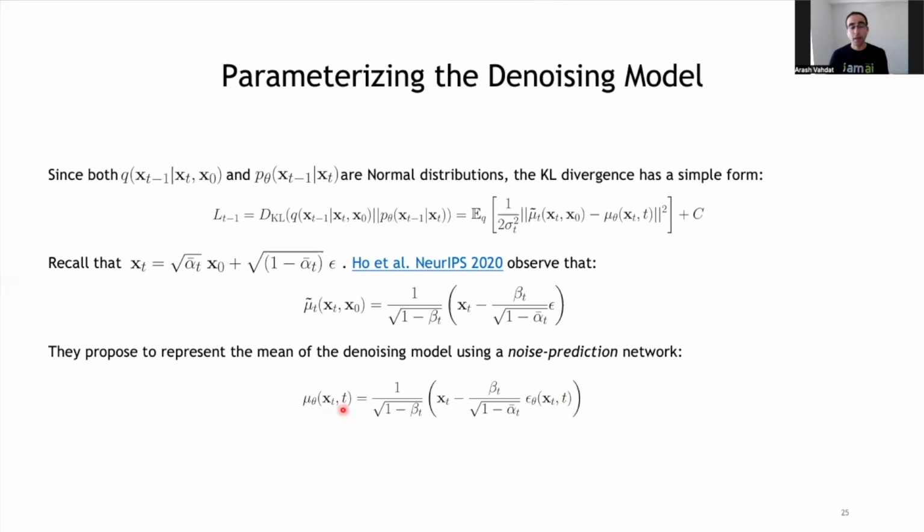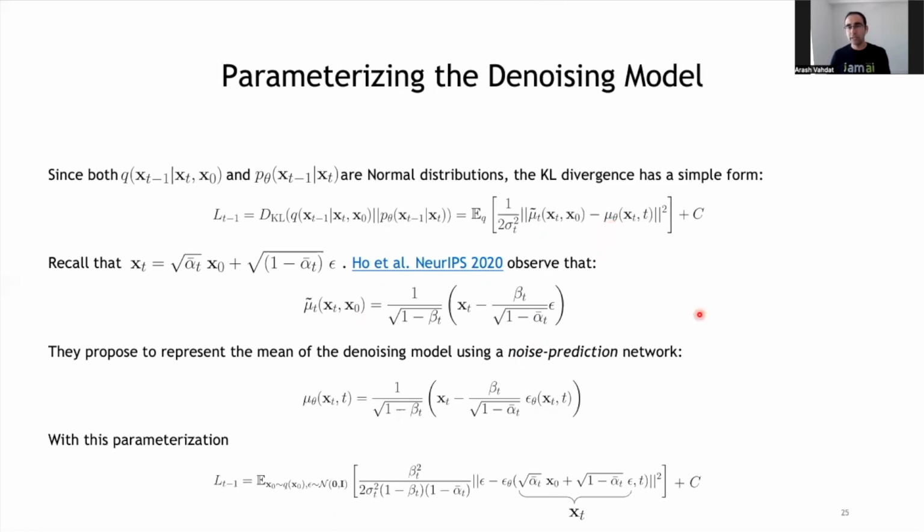So if you assume this parameterization for the denoising model, and we also know that this is true for mu theta t, if you plug these two expressions in, you get a very simple expression.